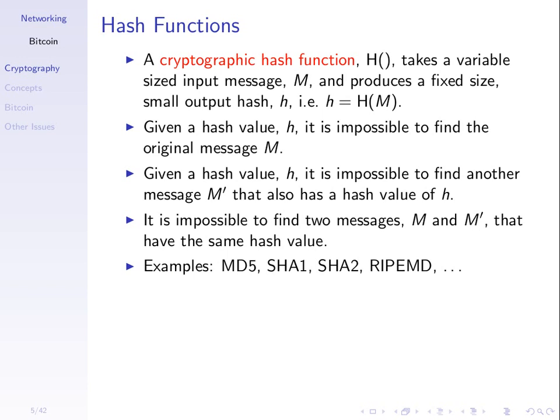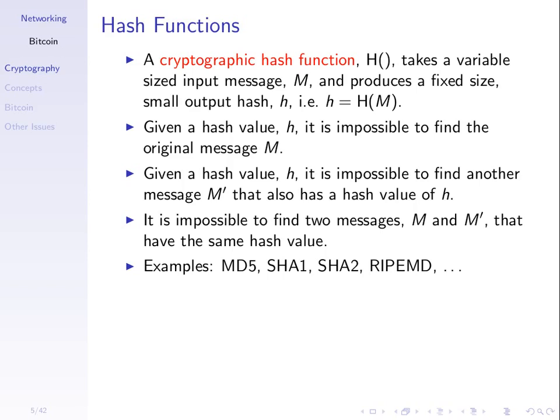Another thing that's very useful, and an important part of Bitcoin, is hash functions. Everyone knows hash functions from some data structures course, maybe. You've probably seen hash functions in programming when people talk about data structures. But we use them in cryptography as well.